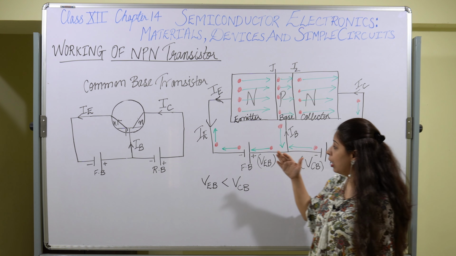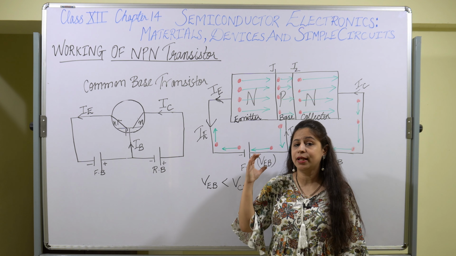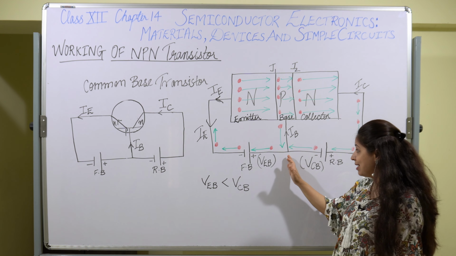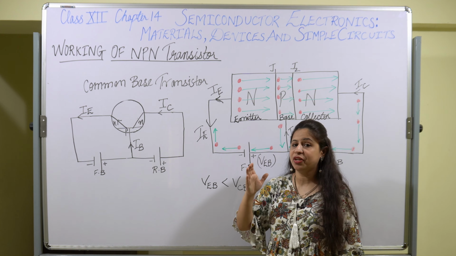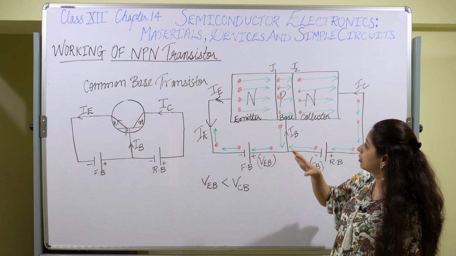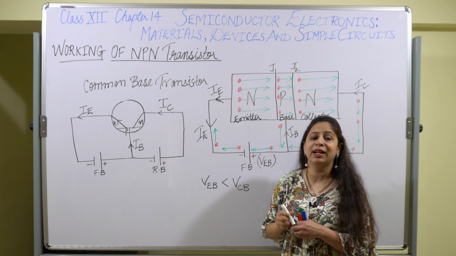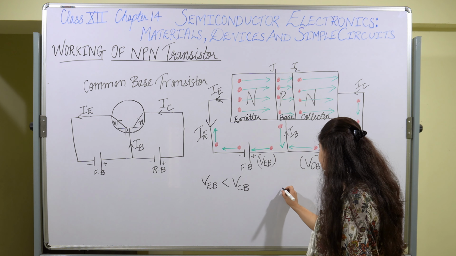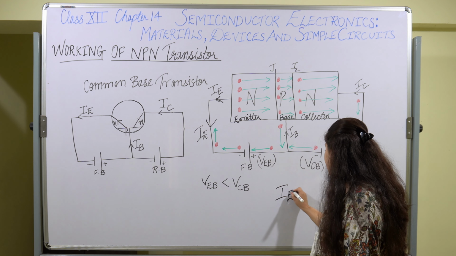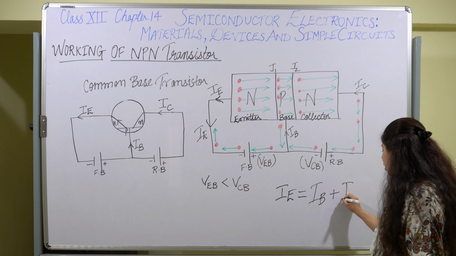So at each and every step I am getting my collector current, my base current, and my emitter current. If I see the collector current, base current and emitter current, the relationship I am getting is that IE is equal to IB plus IC.